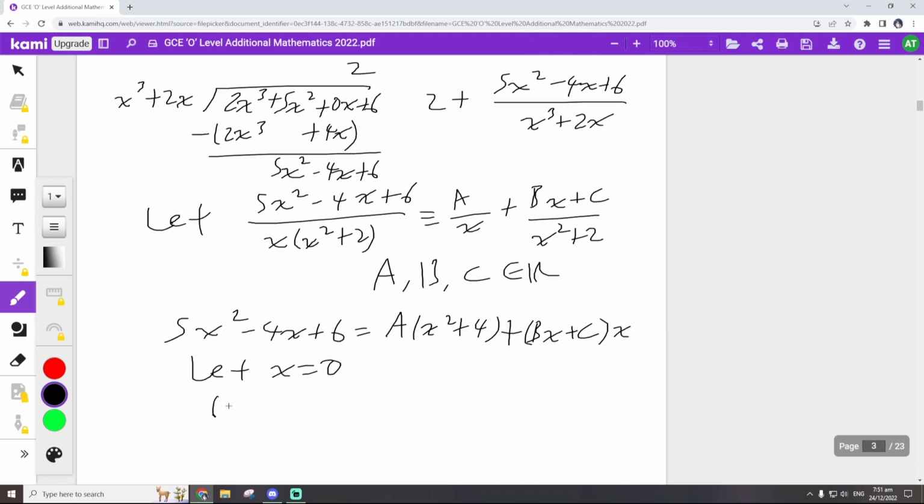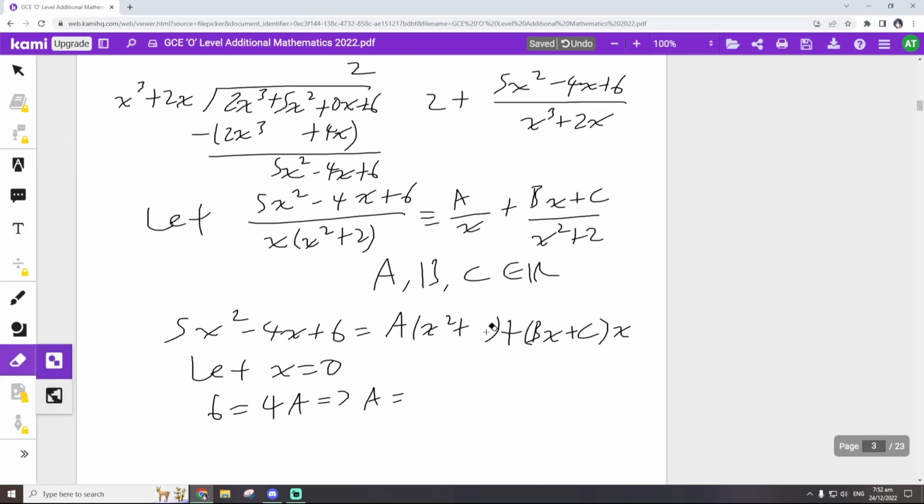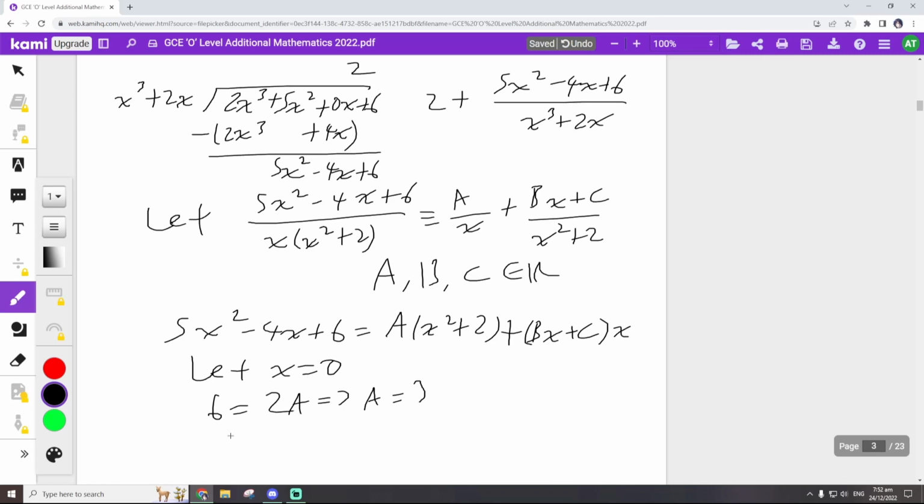So you get 6 equals 2A, which implies that A is, sorry, I think I did something. It's 2, not 4, sorry. Okay. A is 3.